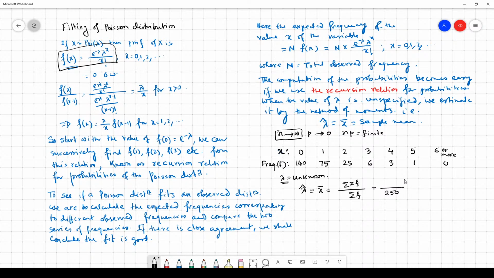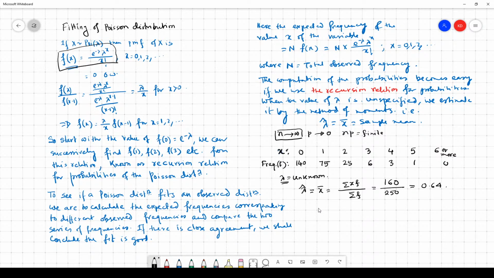And summation f x is 0 into 140, 1 into 75, 2 into 25, 3 into 6, 4 into 3, 5 into 1, and because the last is 0, there is no need to calculate that part. This gives 160 in total. So x bar is equal to 0.64.